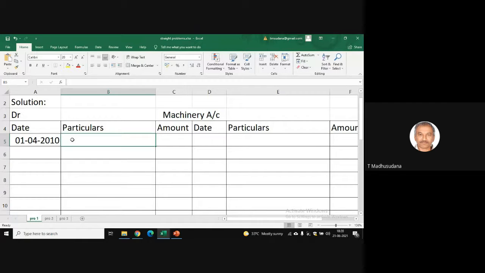So the total machinery value is 3 lakhs plus 30,000, that is 3 lakhs 30,000. To bank account, because the entry is asset account debit to bank account. When you purchase an asset, the asset will come into the organization and cash will go out to bank account. That is 3 lakhs 30,000.